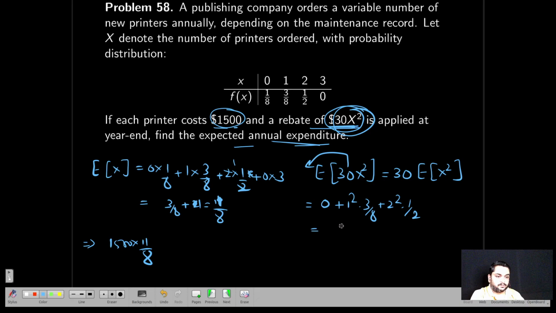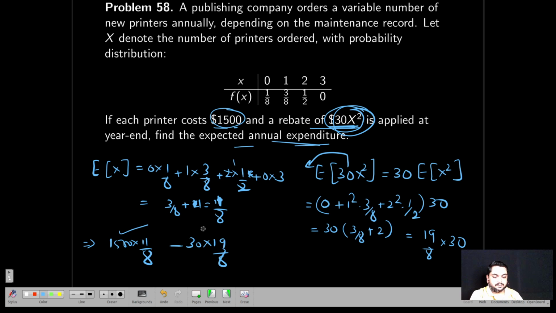So this will be equal to 30 into 19 by 8. So you subtract this value, 30 into 19 by 8, because this is his expected expenditure from his expected earnings. The total expected income that he will keep with him is this value in dollars. The answer.